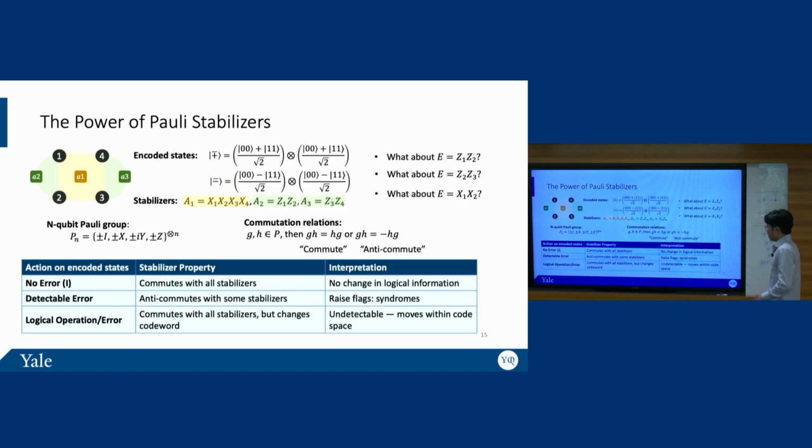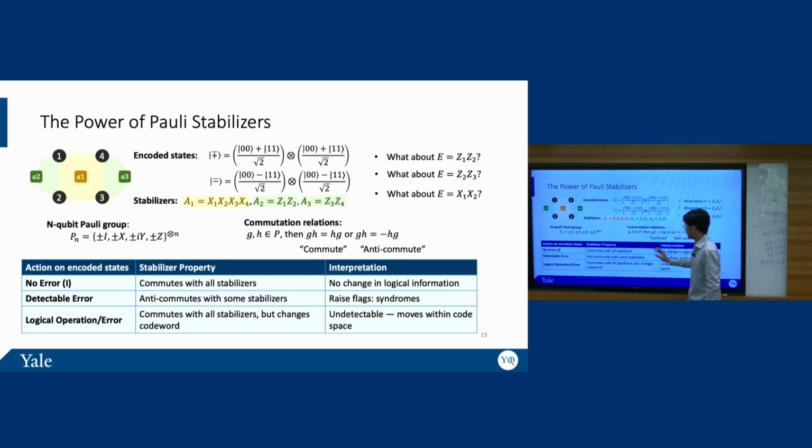And then I can further group the types of Pauli operations by their action on my encoded states. So, for example, I worked out the example of Z1, Z2 that belongs to one of the stabilizers, and we saw that the action of Z on qubit 1 and Z on qubit 2 does nothing to my encoded states.